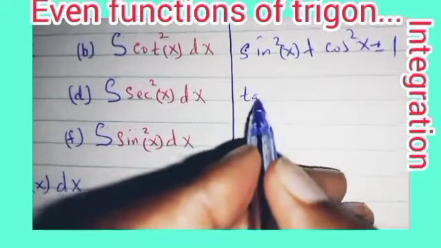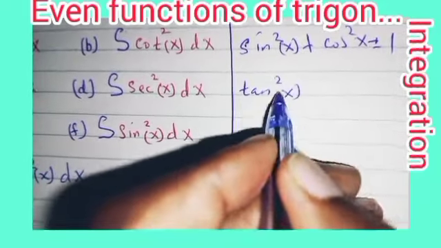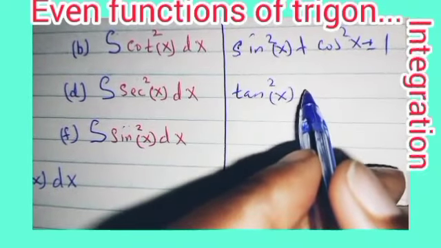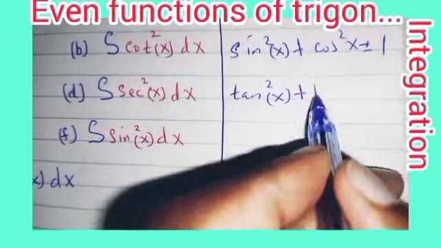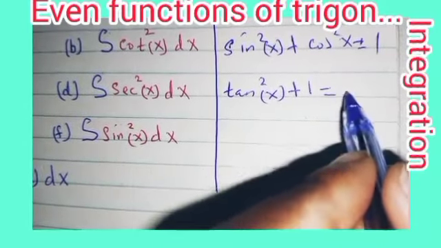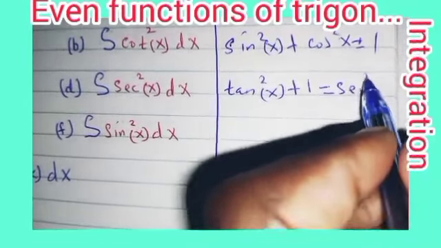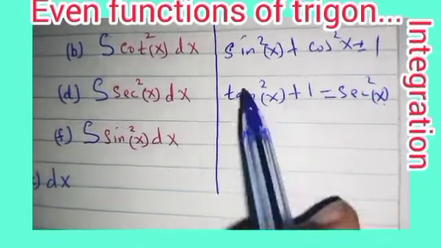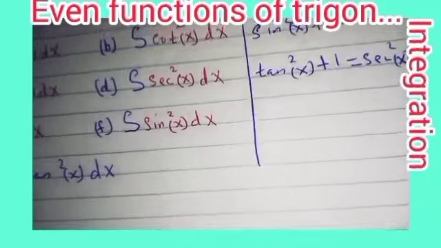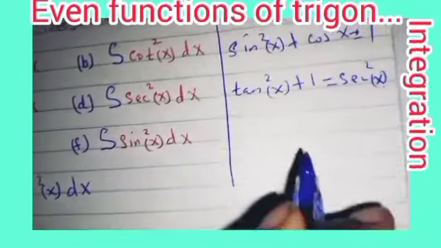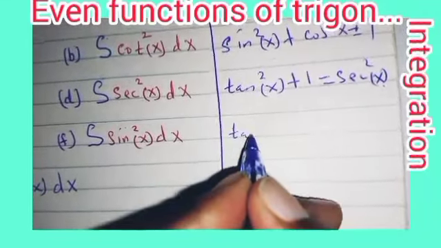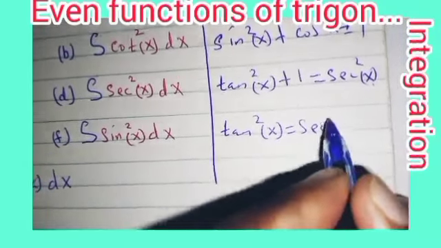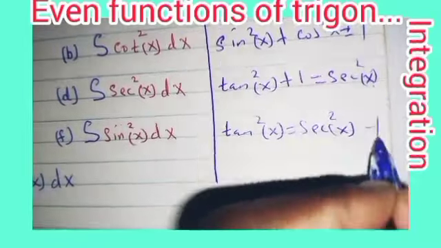Then tan squared x plus 1 is equal to sec squared x. What I have done is divide by cos squared x on both sides. So in our case here, we have tan squared x, which is equal to sec squared x minus 1.